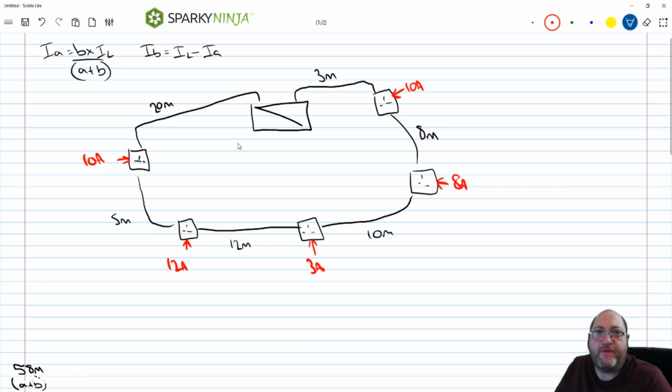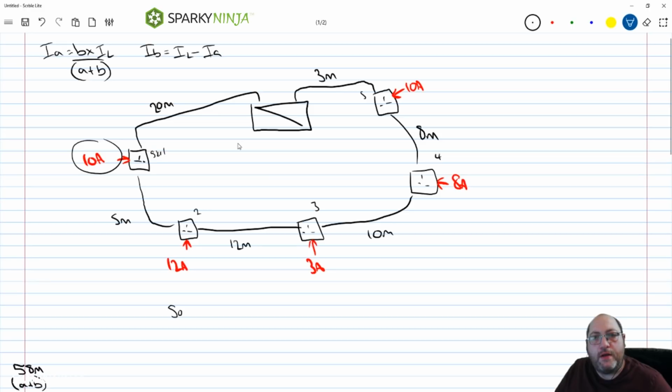So we've got to crunch this one through. We'll start with this one. We'll call this socket 1, 2, 3, 4, and 5. So start with socket 1.